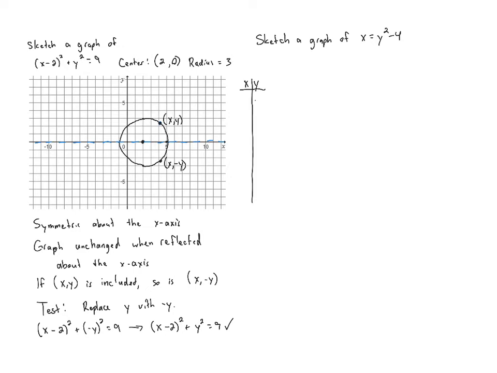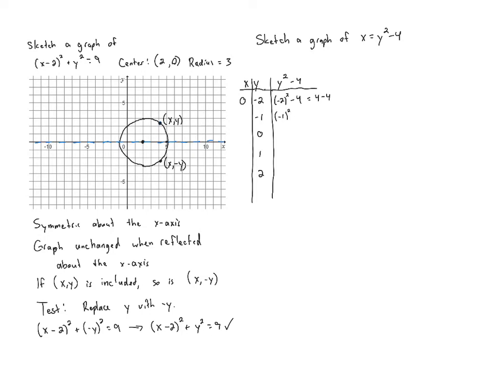So for y, I'm going to pick -2, -1, 0, 1, and 2, and we're going to plug those in and figure out what x is. So let's see, I'm going to make another row for the work. When y is -2, we've got -2 squared minus 4. -2 times -2 is +4, so we get 4 minus 4, which is 0.